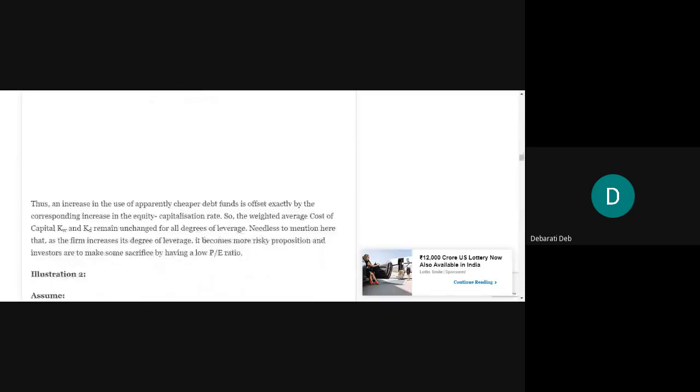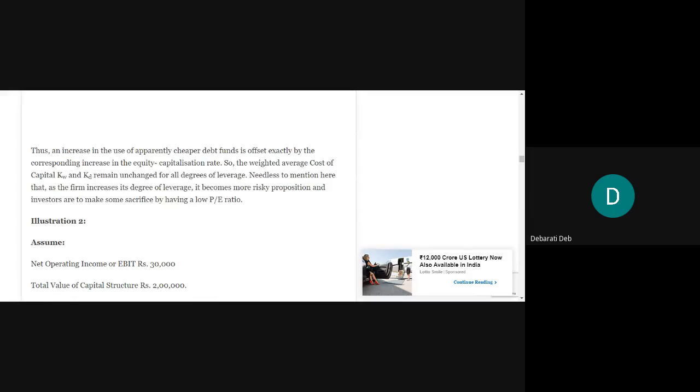Thus, an increase in the use of apparently cheaper debt funds is offset exactly by the corresponding increase in the equity capitalization rate. Now, if KW is constant, then that means something is happening with the cost of equity and the cost of debt. That is why this KW is not changing. What is happening?